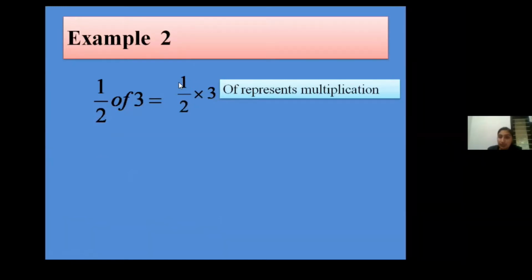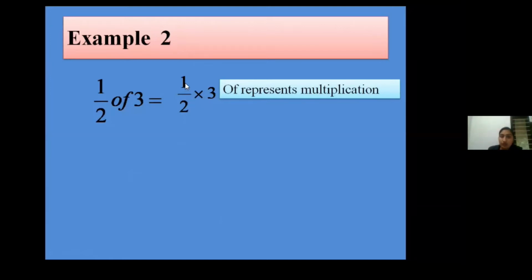Here is multiplication of a fraction by a whole number. The fraction is 1 by 2 and the whole number is 3. Like the last problem, we have to multiply the whole number with the numerator of the fraction. In the fraction 1 by 2, the numerator is 1 and the denominator is 2.